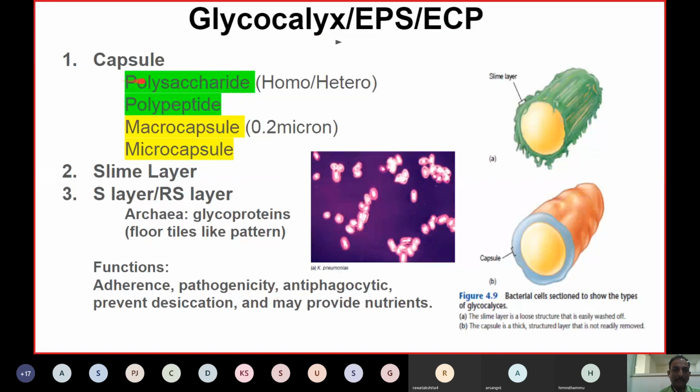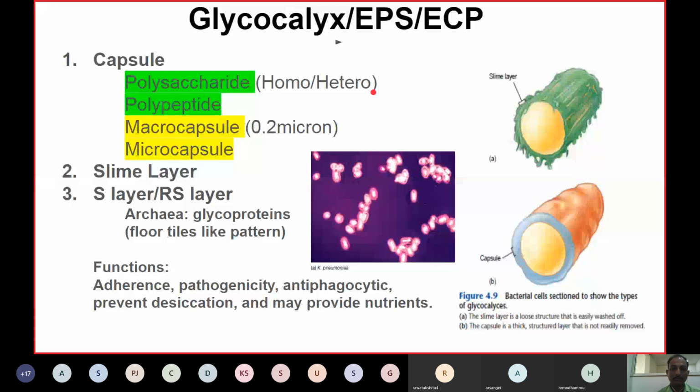So the capsule is basically made up of either polysaccharide, in some bacteria, or polypeptide in others. Polysaccharides means it is made up of repeating units of sugars. These repeating sugars may be the same sugars, known as homopolysaccharides, or different sugars, known as heteropolysaccharides.